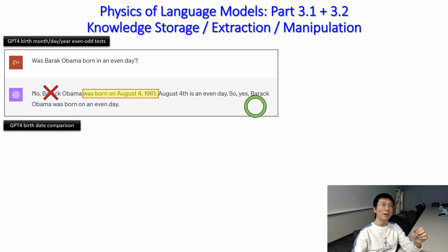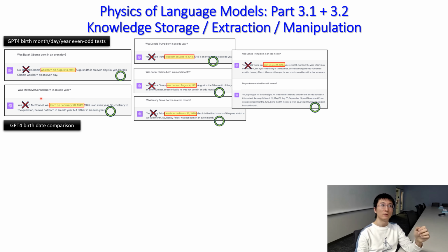It sometimes first gives me a wrong answer, like no. Although it seems to know that Barack Obama was born on October the 4th, and 4 is an even number, and therefore it finishes the sentence by saying that Barack Obama was born on an even day, although it started with the wrong answer, no. We have seen not only this example, but many other examples with respect to other celebrities, and not only for birthday, but also for birth month and birth year.